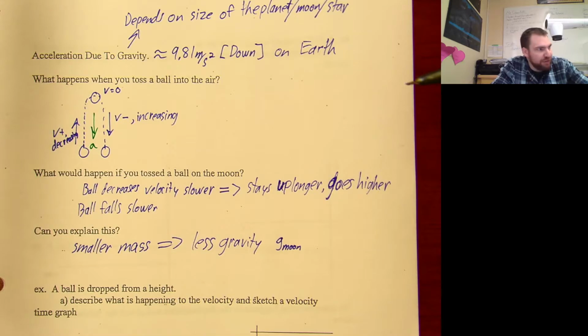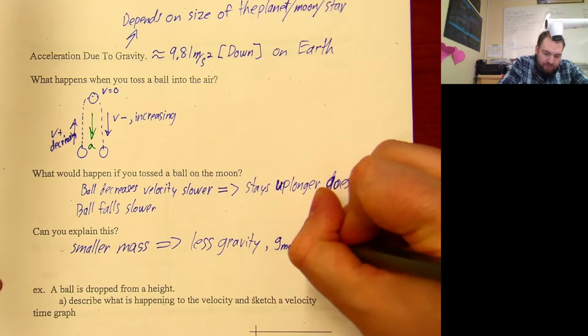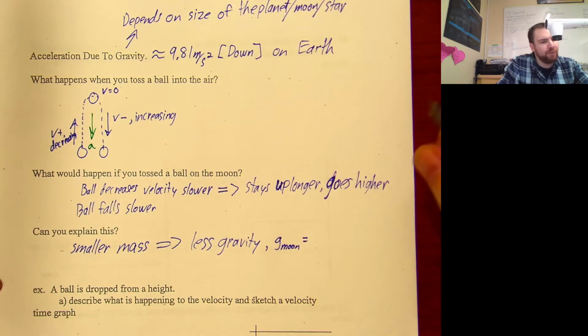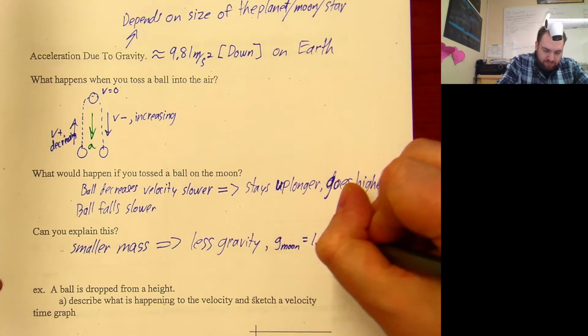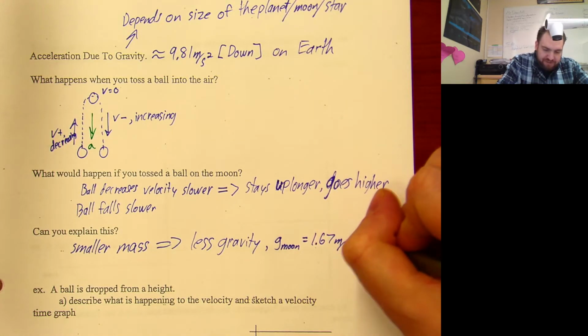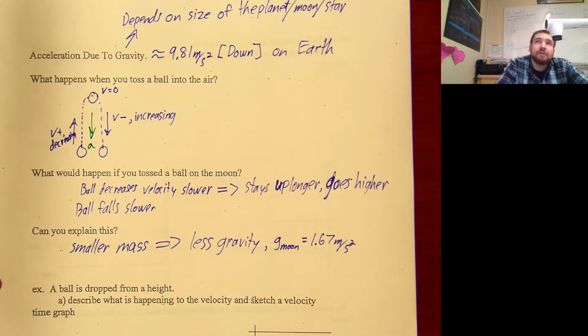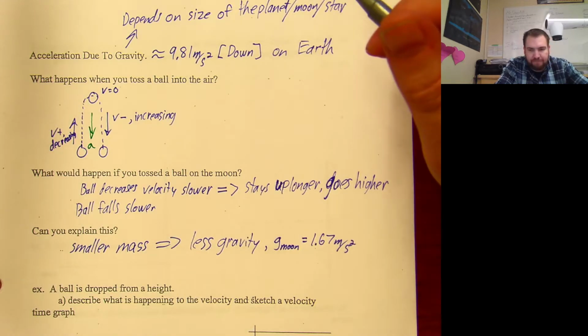Little g is the acceleration due to gravity. I'll say g moon is equal to 1.67 meters per second squared. So almost a 10th. No, almost a 5th, like 20% of gravity.